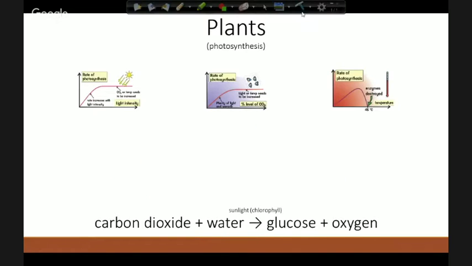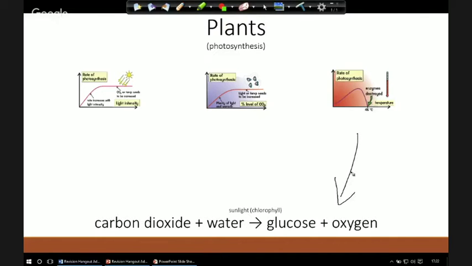Now, one of the classic questions you'll be given for anything to do with photosynthesis, along with the equation for photosynthesis, will be what limits it, what increases it, what makes it go quicker, what slows it, what stops it. And so this is our equation down here. We're taking our carbon dioxide, our water, with some sunlight falling upon chlorophyll, and it's going to produce glucose and oxygen.